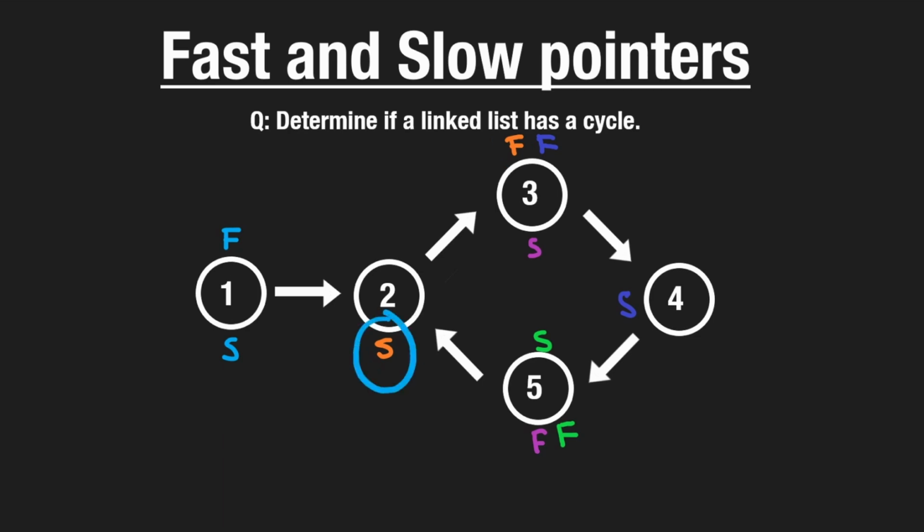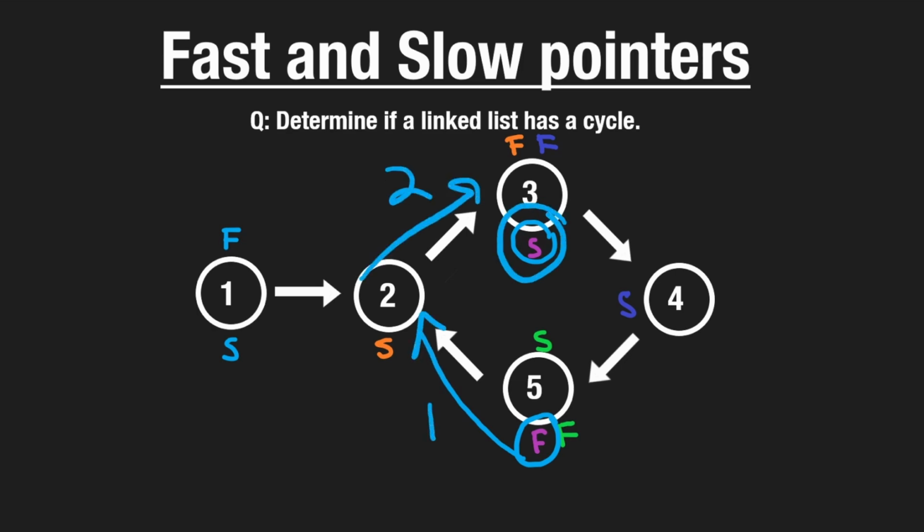When we took our slow pointer and shifted it over here, and we took the fast pointer and then shifted it by 2 spaces, the fast pointer was over here. Now what's the distance between them? Well, the fast pointer only has to move 2 spaces now to catch up to the slow pointer.